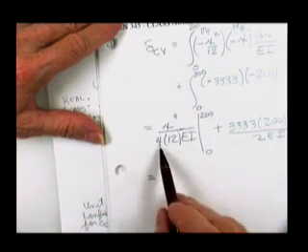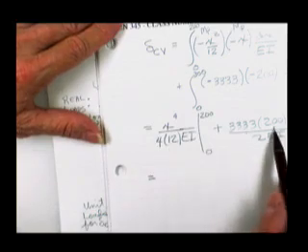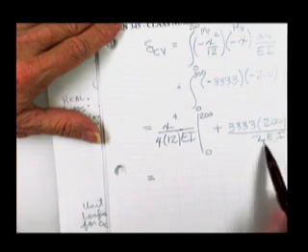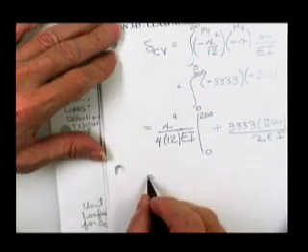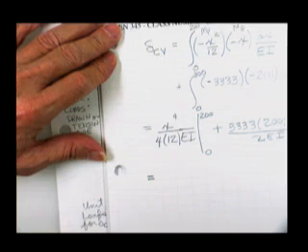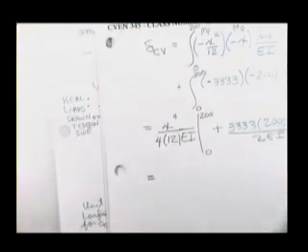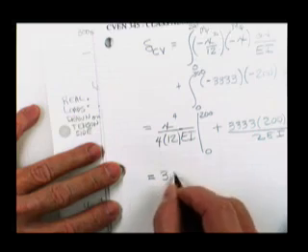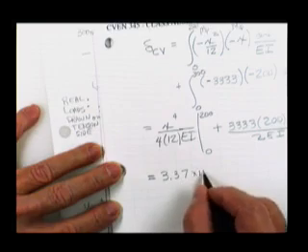200 to the fourth, divided by 4, divided by 12. To that, add 3333 times 200 times 300 divided by 2. While you're doing it, I'll ask somebody else for the answer. 3.37 times 10 to the seventh.